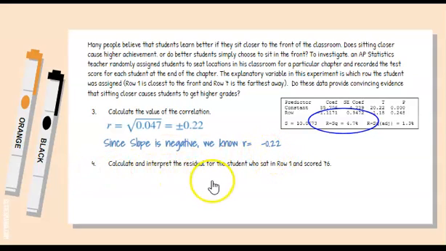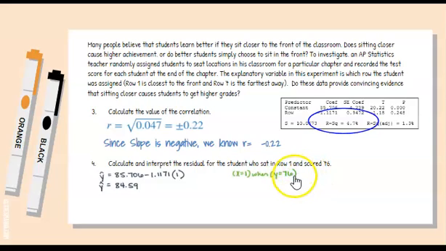Number 4 says, calculate and interpret the residual for the student who sat in row 1 and scored a 76. So I look at my question, and it tells me that the x variable in this situation is 1, because it's row 1, and the y variable, or the response, is 76. But this is the actual value. This is not the predicted, this is actual. To find the residual, I have to do actual minus predicted. So I need to find my predicted by taking that 1 for x and plugging it in my equation.